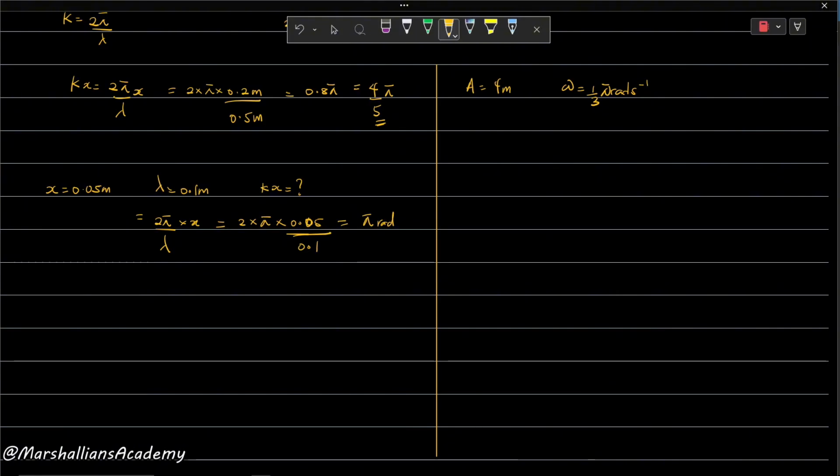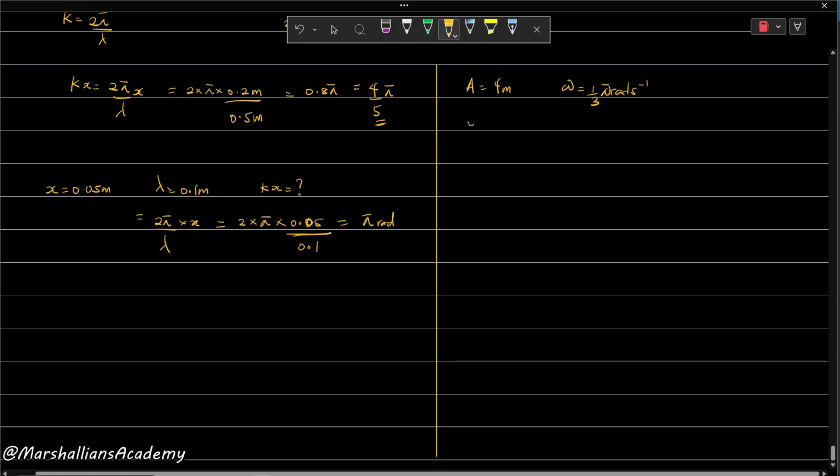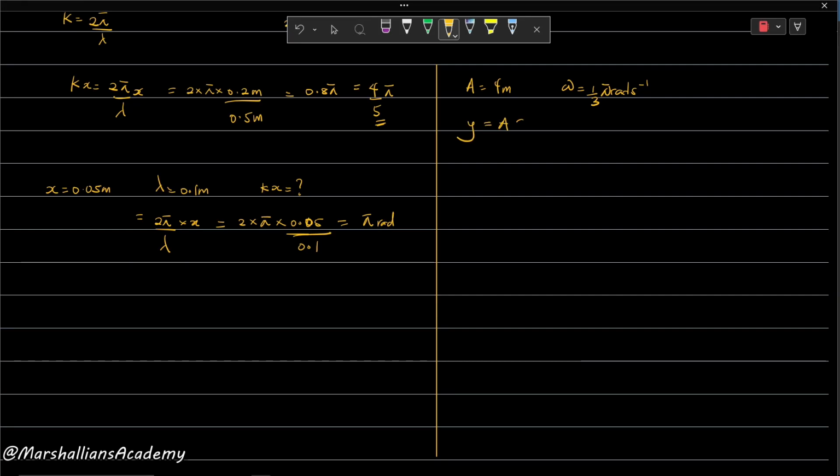Are you done? All right. What else were we told? It said the displacement y of the wave is given. So we are told to find y. And don't forget, y is equal to a sine kx minus vt.